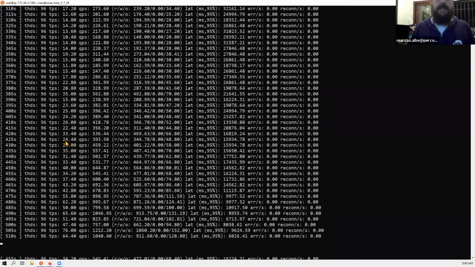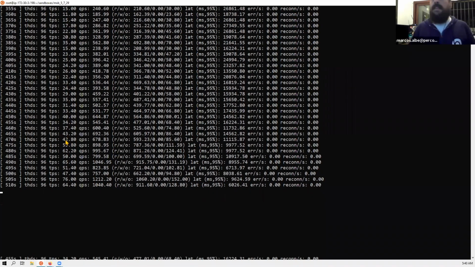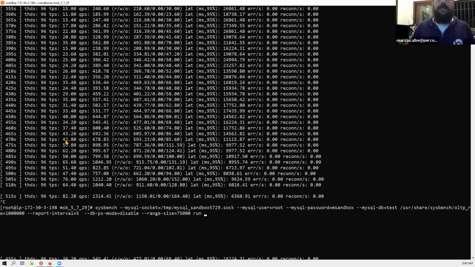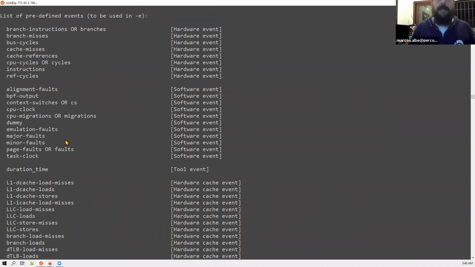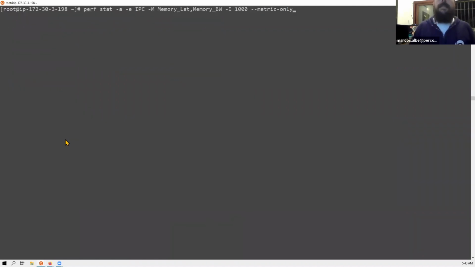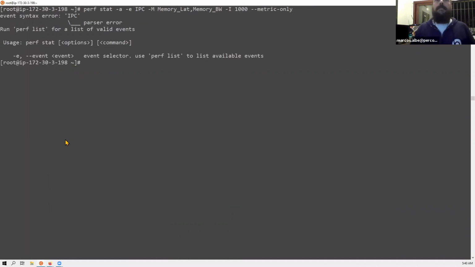as this has ramped up more or less, I want to, oops, sorry for that. I want to look at memory bandwidth again. Here, memory bandwidth.